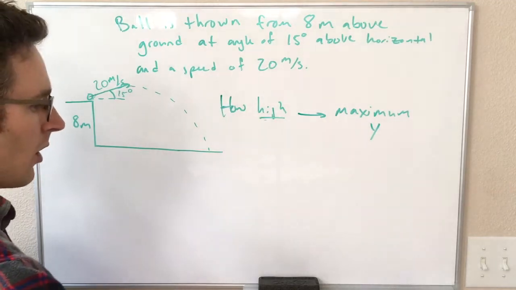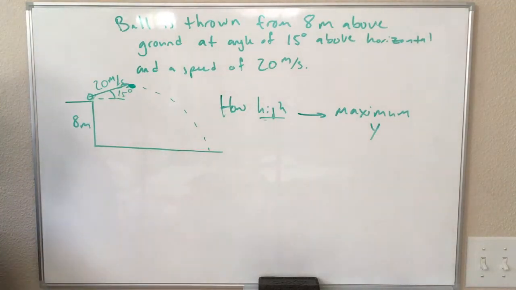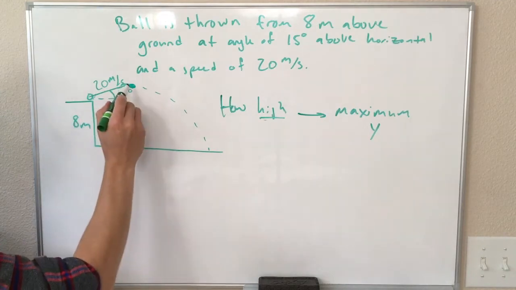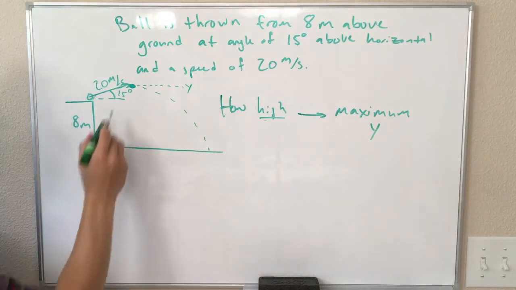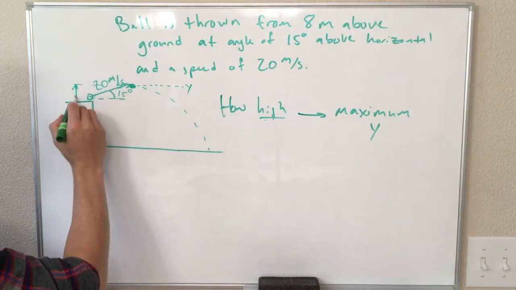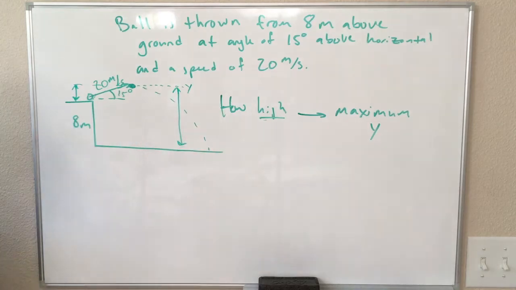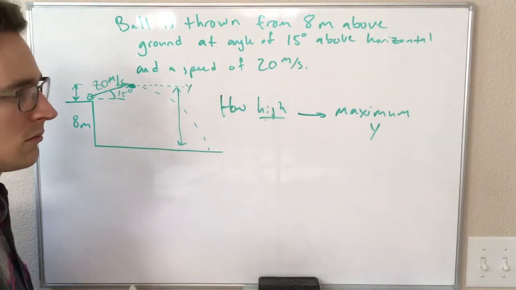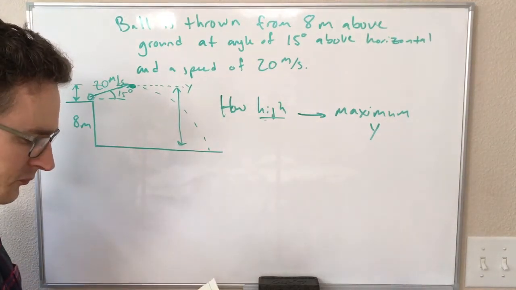On our picture, that point is right here, and we want to find what the y value of that point is. We could get our answer above where it starts, or above the ground over there. It doesn't specify which one it wants, so I would take either one if this was asked this way on an exam.